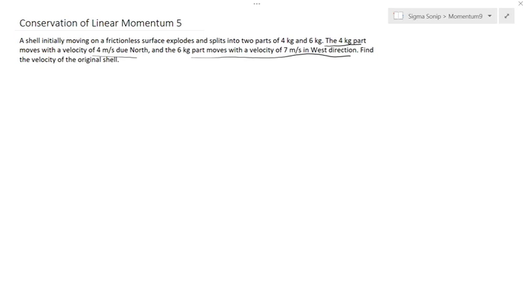So we can take this shell and its two pieces as an isolated system, which means that the principle of conservation of momentum is applicable to this situation.